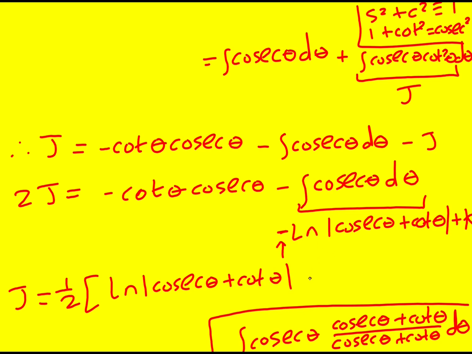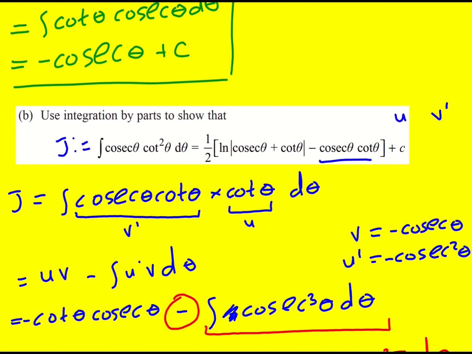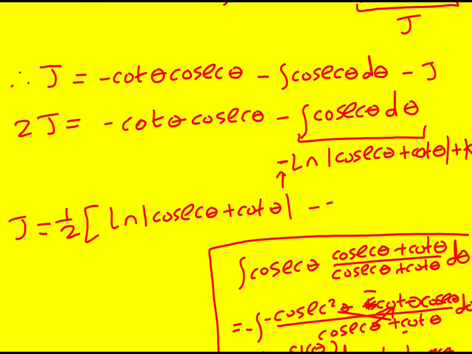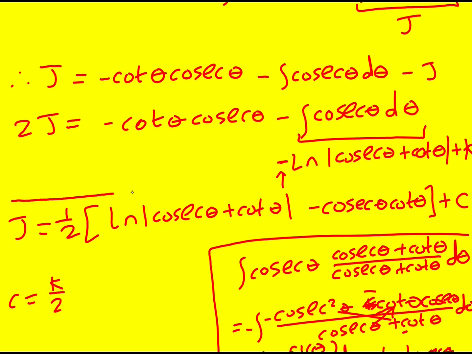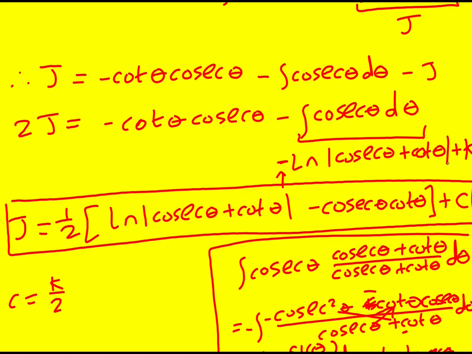And then I'll be minusing cot theta cosec theta. Good, as it is there. And then I'm going to be adding K over 2, which I'm just going to call C, like they do in the answer. So C is equal to K over 2. And that is our answer as required. Cool.